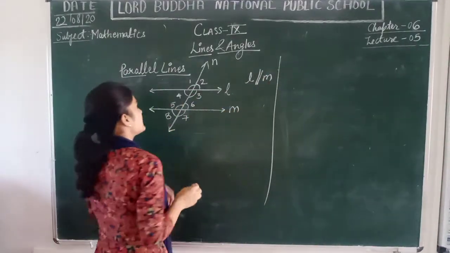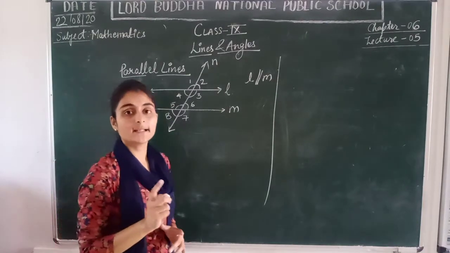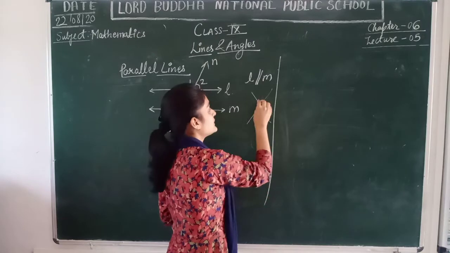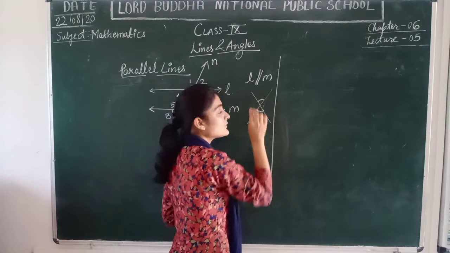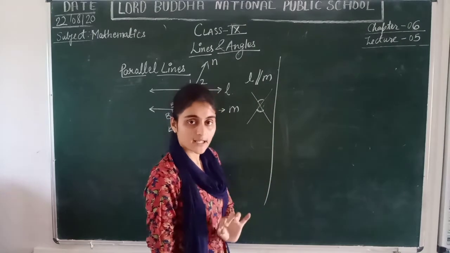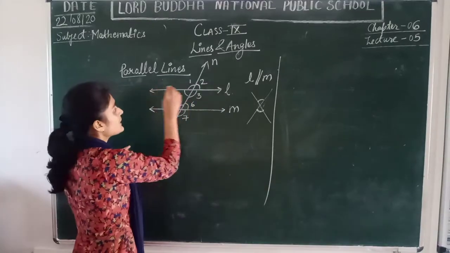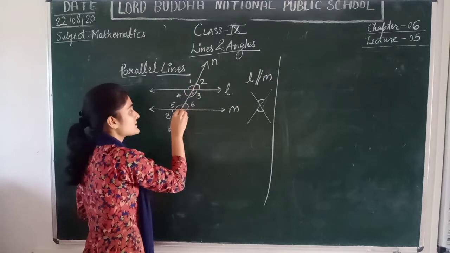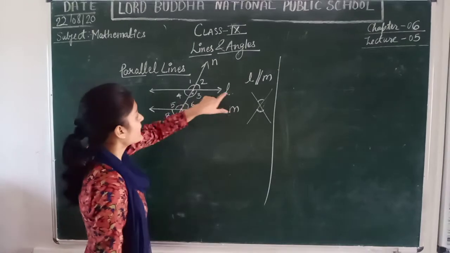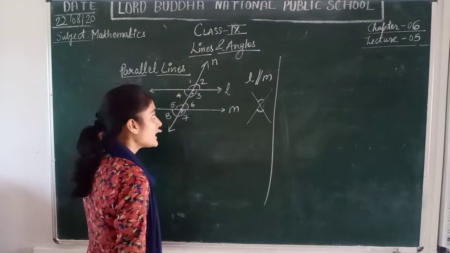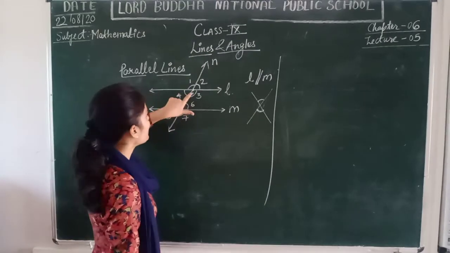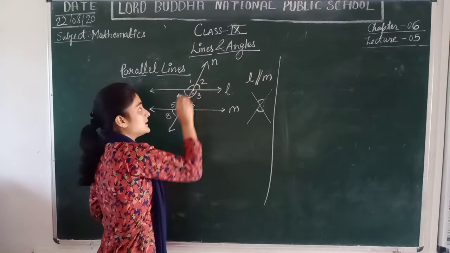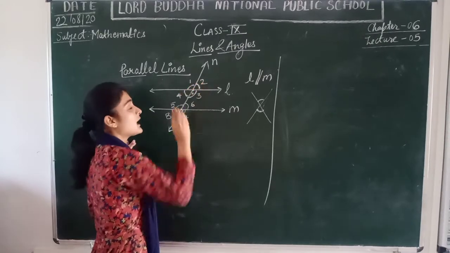So the first one is, you all have read about vertically opposite angles, right? If two lines intersect each other, then the pairs of opposite angles are equal and are called vertically opposite angles. Similarly, you can see L is intersected by N at point O, and let this other point be P. So at point O, these two lines intersect, then the pairs of angle 1 and 3, angle 2 and 4 are what?